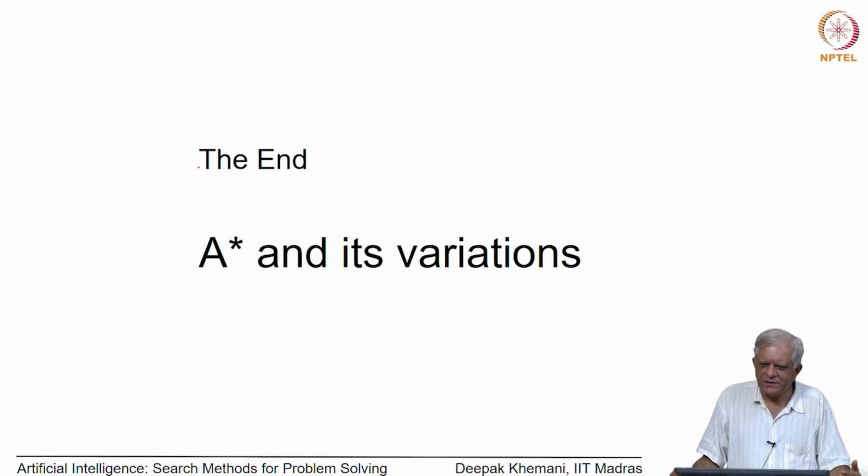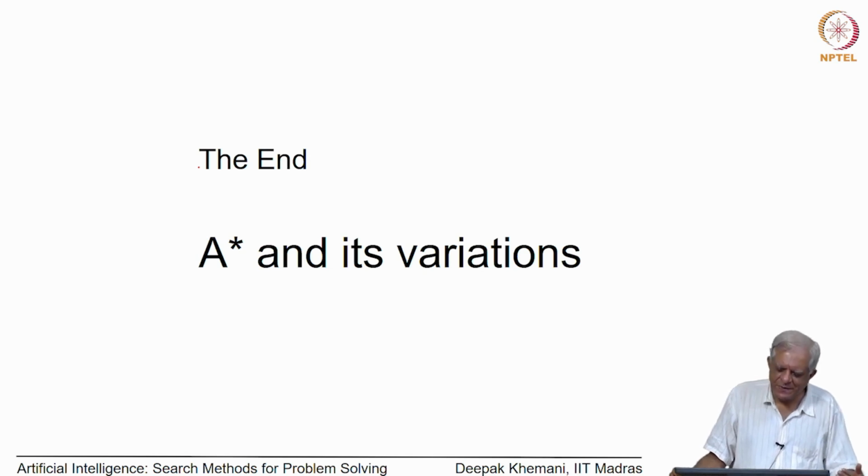Then we argued that if the heuristic function is more informed, better, which means higher, even though less than the h star value, it will search less and less of the space.